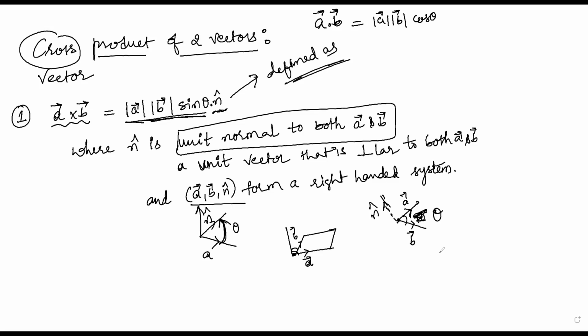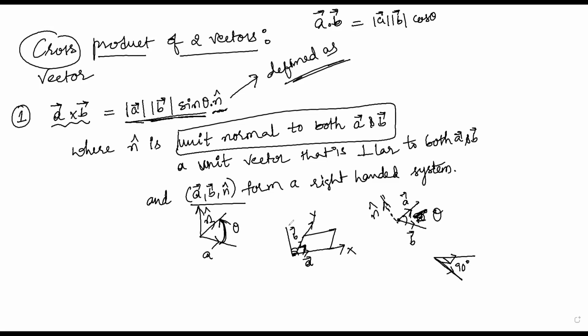That is the reason, let's say this is the x-axis. I'll draw like this, this is 90 degrees. This is the x-axis and this is the y-axis, let's say.